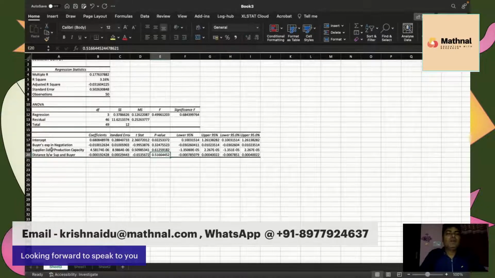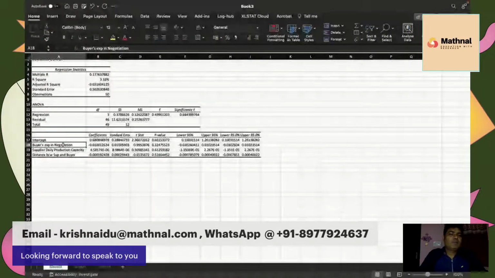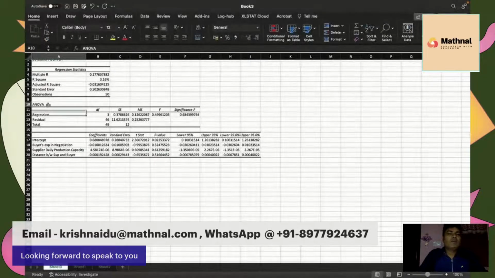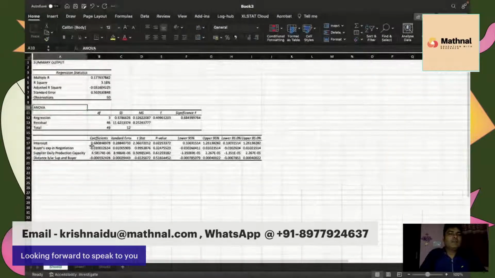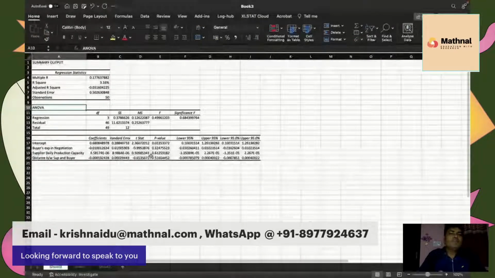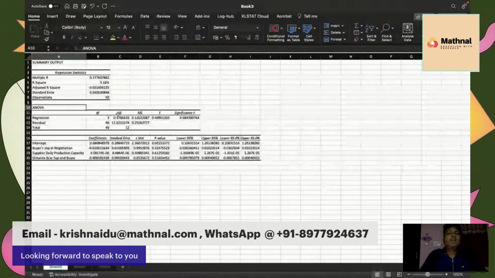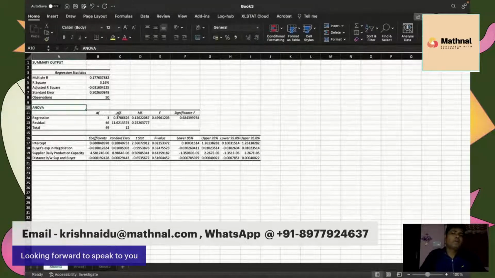So we are looking now from the individual variable point of view. In the case of ANOVA, we're looking from the collective causes point of view. But in the case of the last table, we're looking at the individual impact of the cause on the effect. In ANOVA, we're looking at the combination of all the causes and the intercept on the effect.